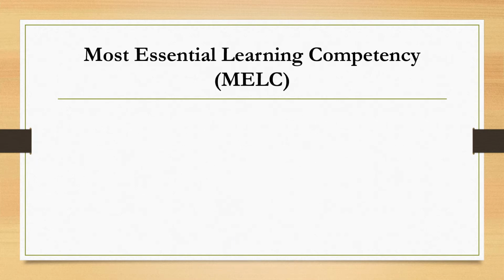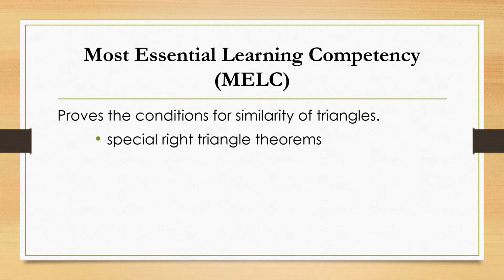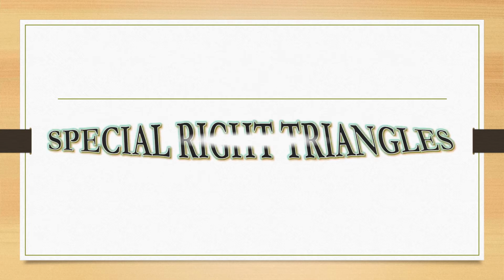For the most essential learning competency, we have proves the conditions for similarity of triangles. So we have the special right triangle theorems with the code of M9GE-IIIG-H-1. So let's now discuss special right triangles.